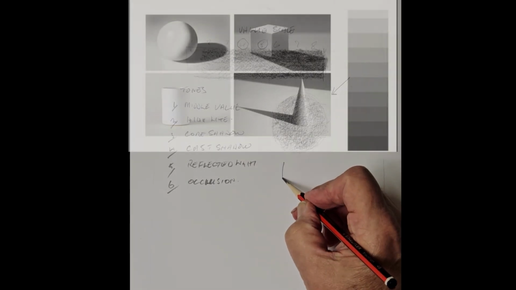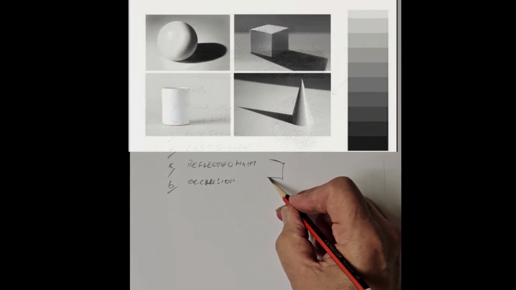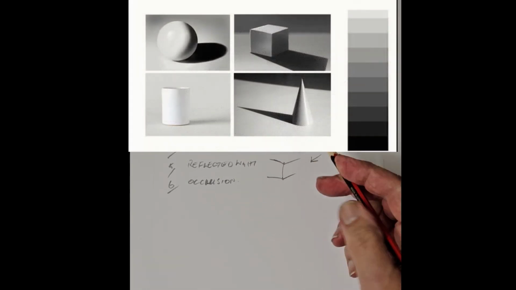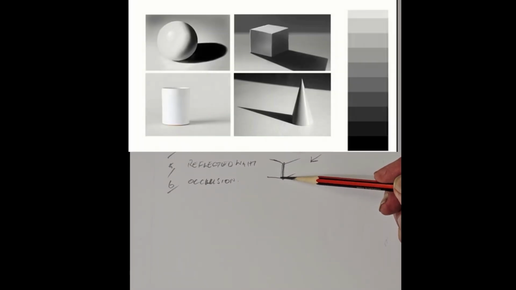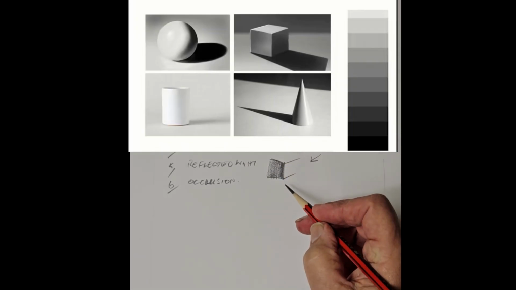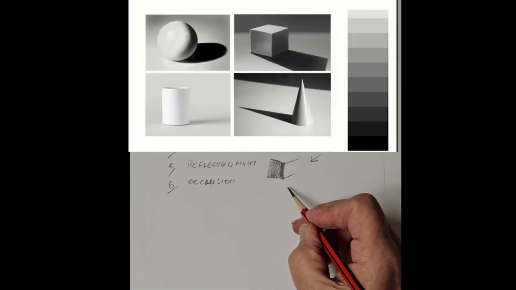If I was, for instance, to draw a brick and the light again was coming from this direction, then this turning point edge would be a very hard edge, and then slowly gradate lighter and lighter as the ambient light starts to affect the shadow.